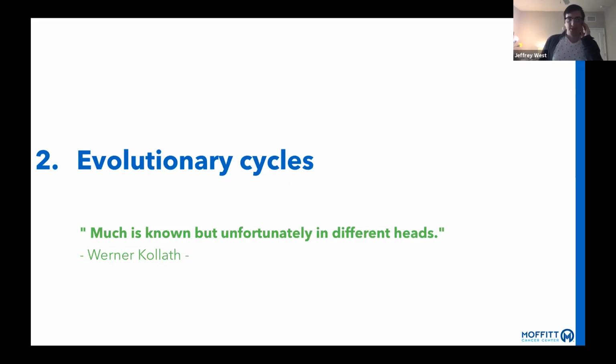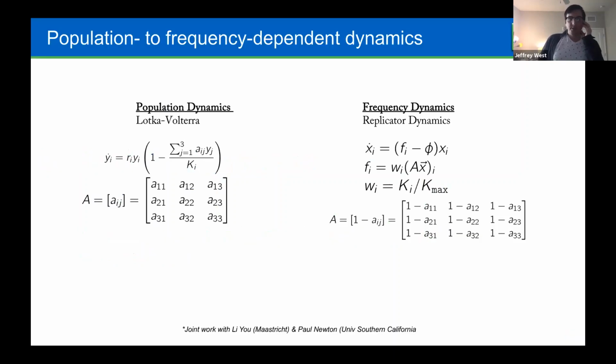What we did is we took that population dynamics model, which is Lotka-Volterra style, and translated it into a frequency dynamics model where the collapse in the carrying capacity due to treatment is modeled by using a weighting term, weighting the fitness of each cell type.